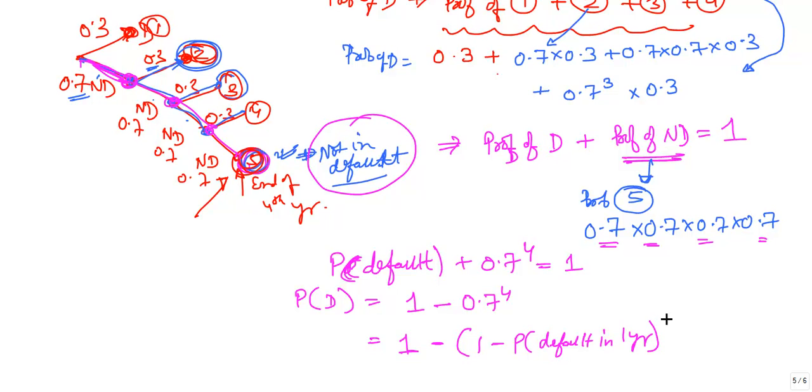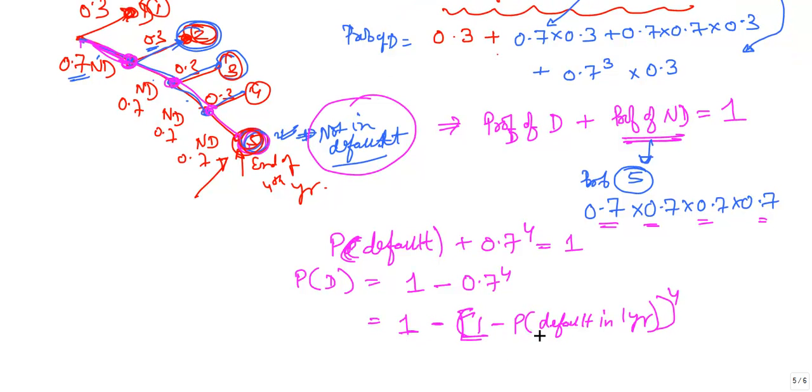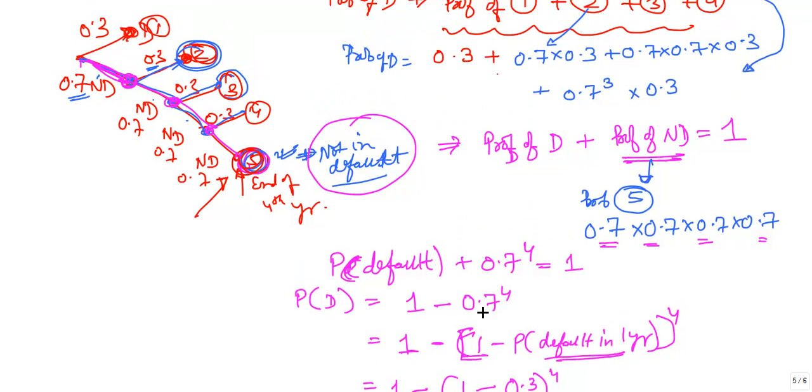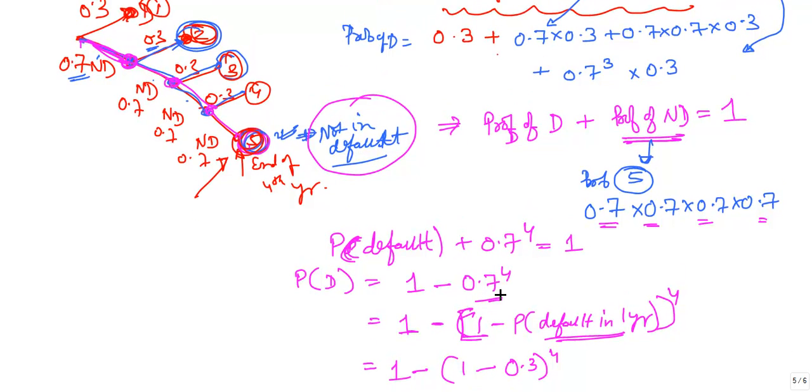So this can be said as 1 minus 0.3, or 1 minus probability of default in 1 year, to the power 4. So if you see this way, I can write it as 1 minus 0.3 to the power 4. Now the computation of this is much simpler.